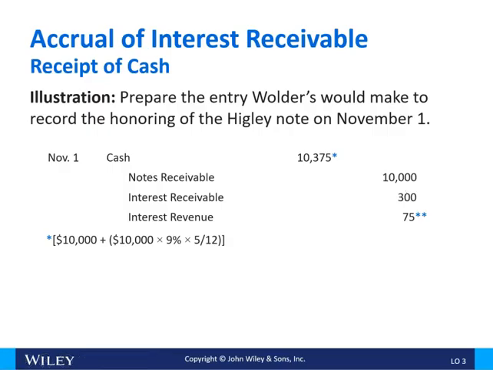The previous example we looked at, we credited interest revenue $375, but since we already recognized $300 worth of revenue on September 30th, we have that receivable that we're going to relieve, so we're going to credit $300 interest receivable that we set up on September 30th, and then recognize the remaining $75 worth of revenue with a credit to interest revenue.